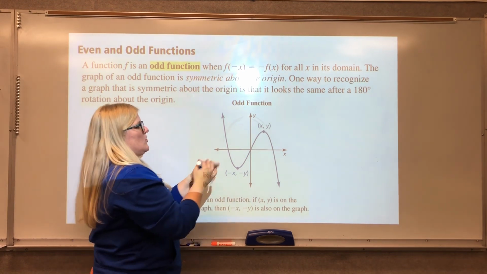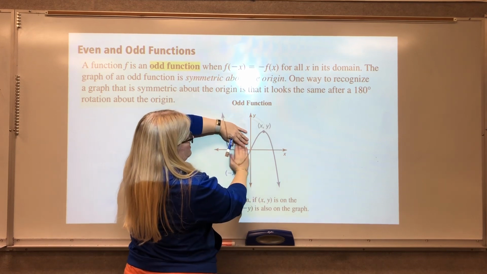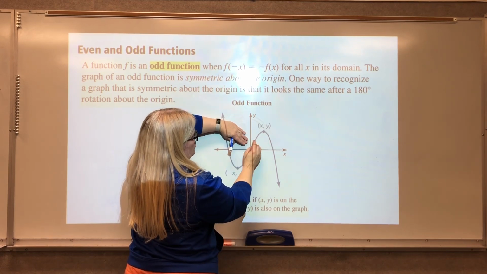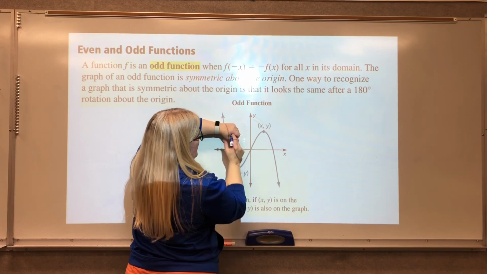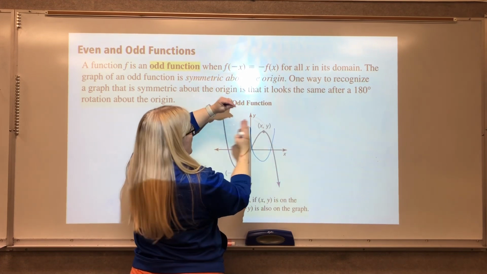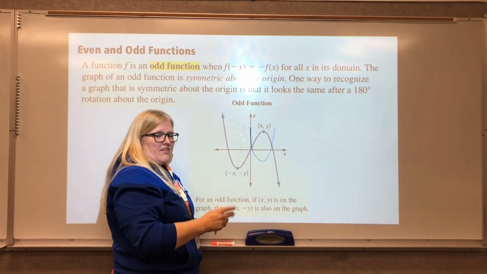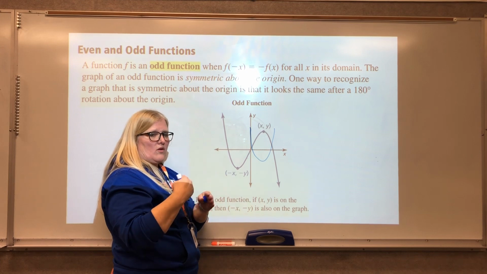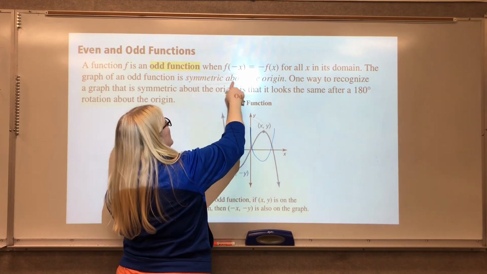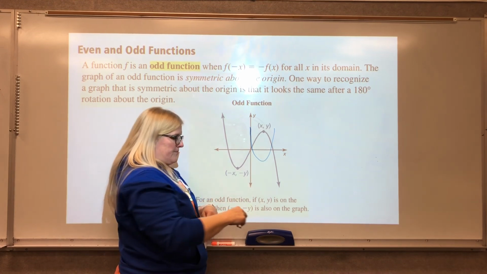So let's pretend that we only have this side. You can flip it over the x-axis so it would look like this. And then you can take that and flip it over the y-axis and you'll get the same thing. That's what a rotation around the origin, or being symmetric about the origin, means.